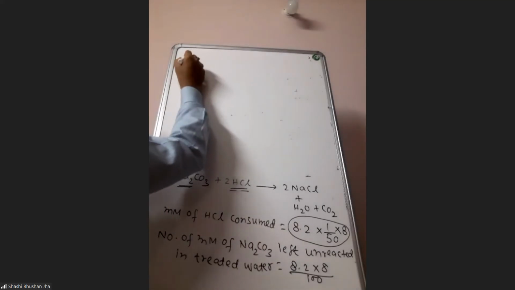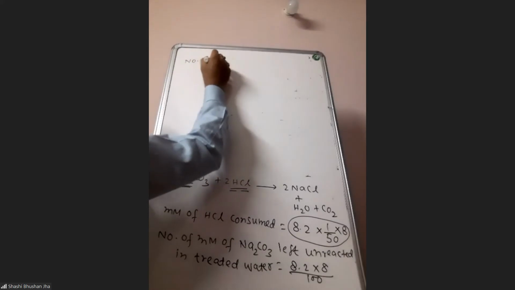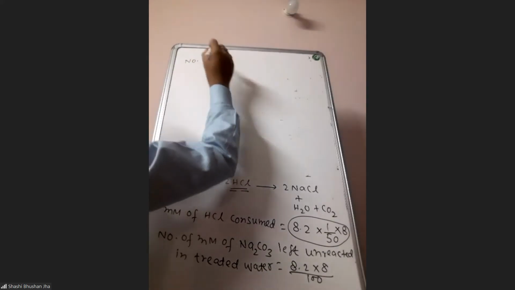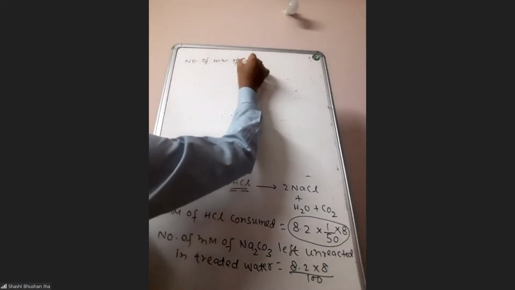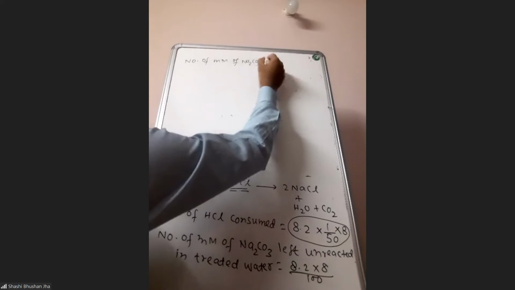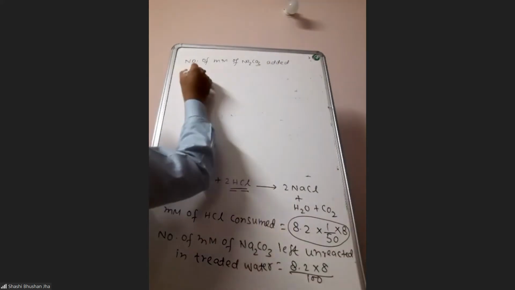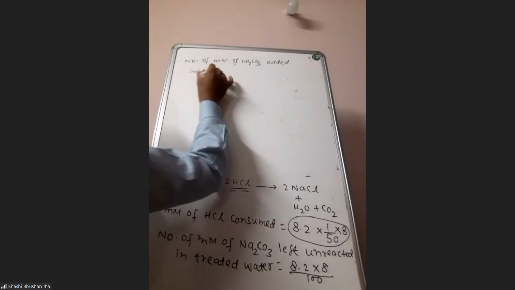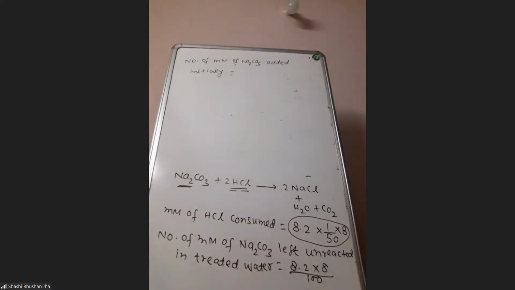Now, next we will calculate how many millimoles of sodium carbonate we have added in the beginning. So, number of millimoles of sodium carbonate added initially. We have added 100 milliliter N/50.